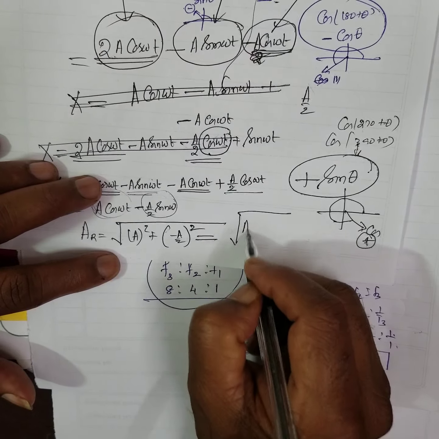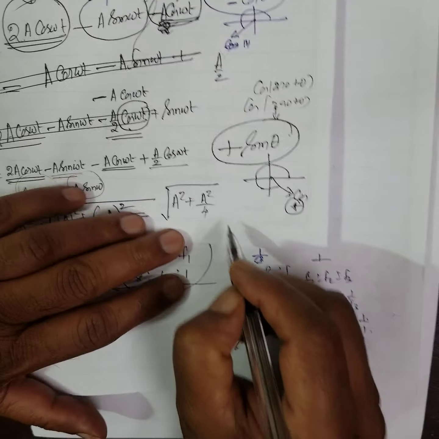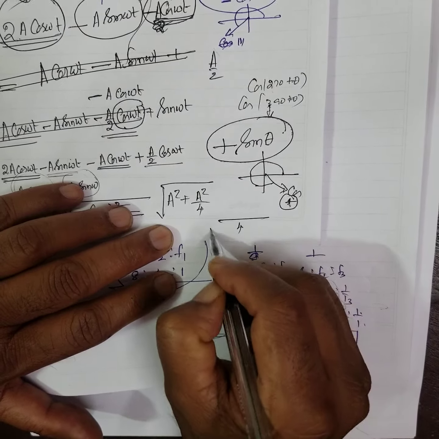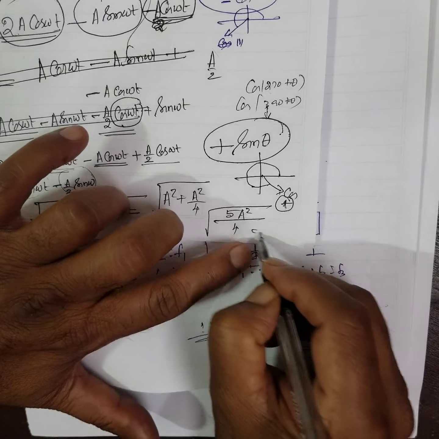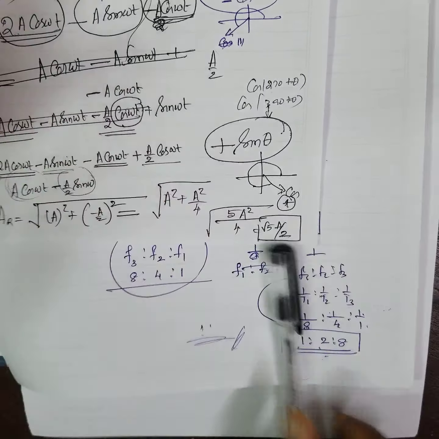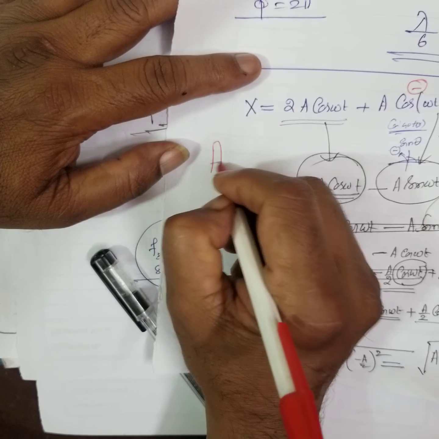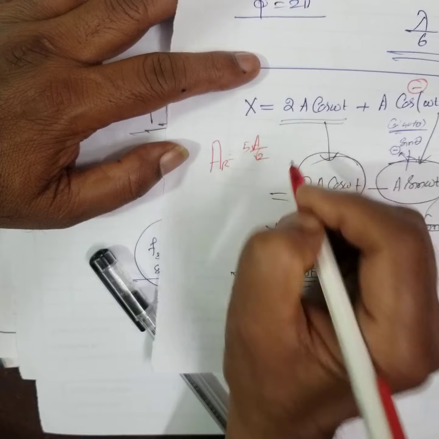Square root of a square plus a square by 4, or what do you get? Square root of 5a square by 4. Therefore, root 5 a by 2. This is the resultant amplitude.